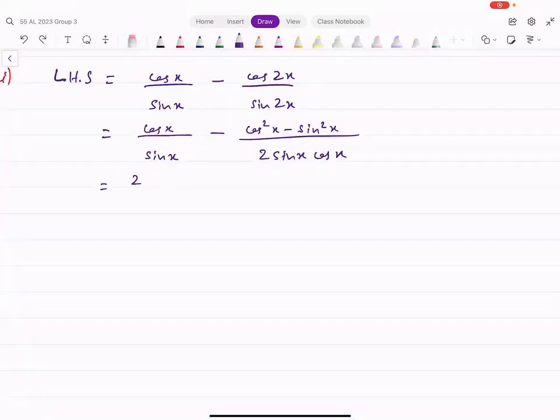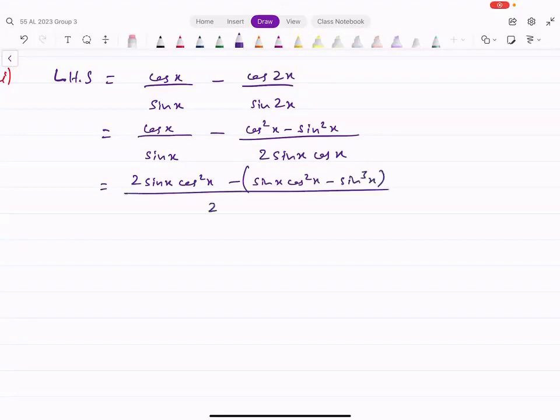Again न्यूमरेटर में क्या आ गया? 2 sin x cos square x minus sin x cos square x minus sin cube x divided by 2 sin square x.